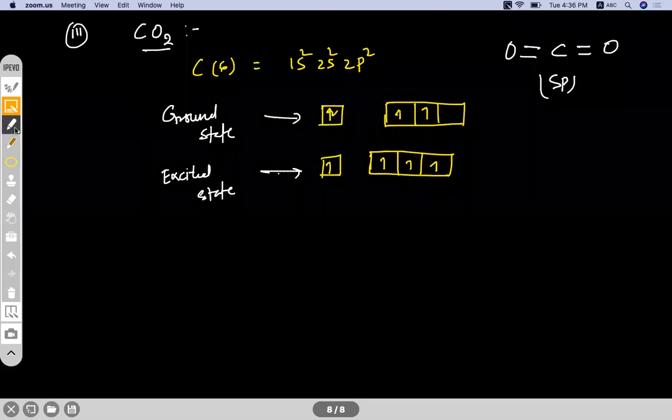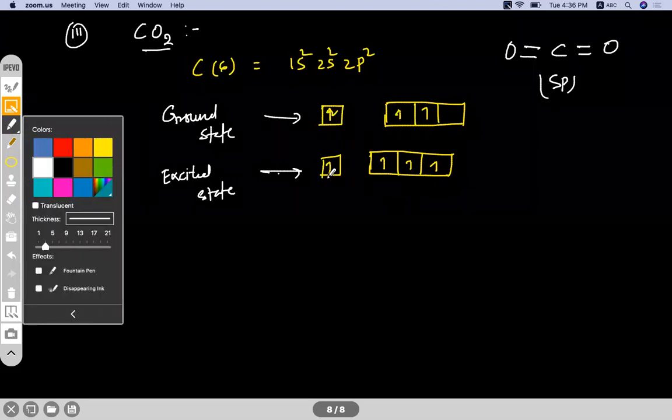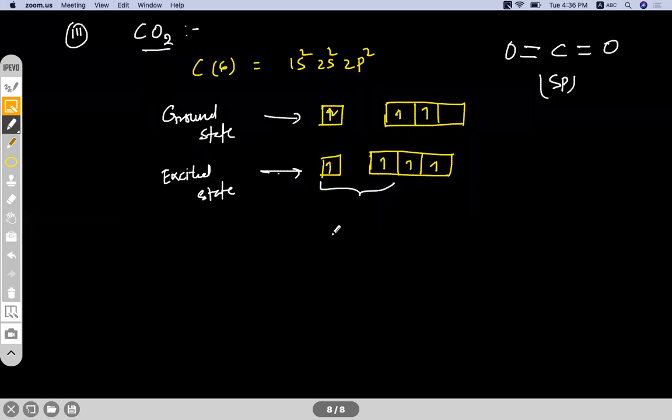So what we say is that this s and 1 p go under hybridization and form 2 hybrid orbitals, and the 2 atomic orbitals are this.